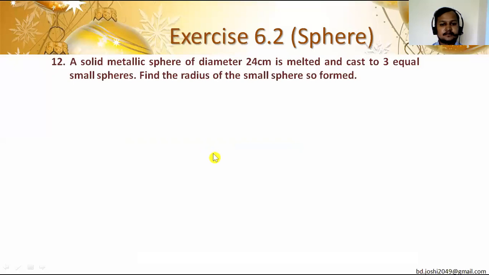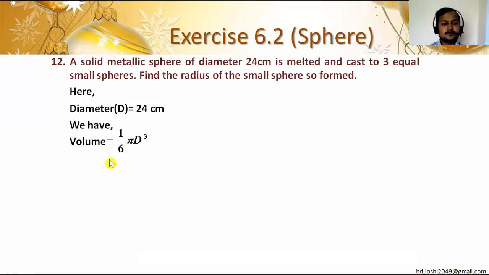So here in this question, at first, for the diameter of the sphere I use capital D because this sphere is melted into small spheres. As it is said in the question, it is the big sphere. For the small sphere I will use small d, and for this bigger sphere I am using capital D here. And we know the formula of volume. Volume of sphere is equal to 1/6 pi d cube in terms of diameter.